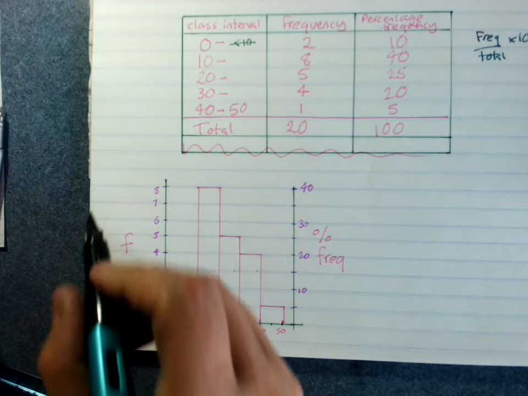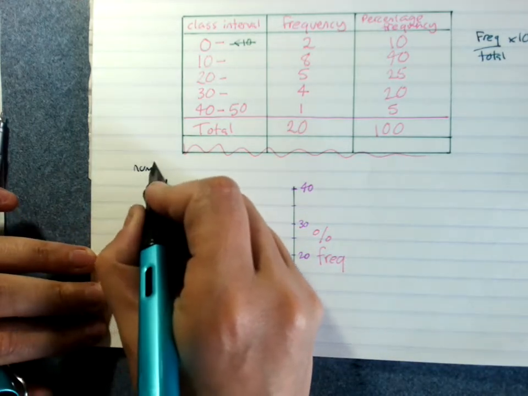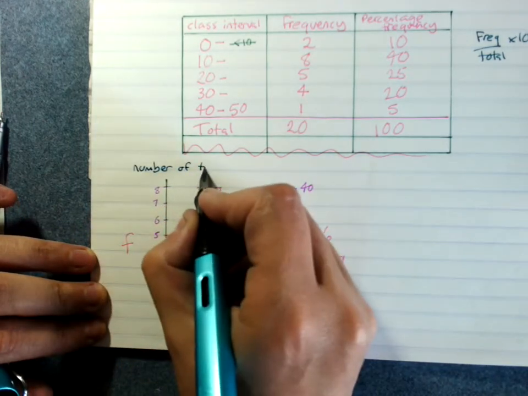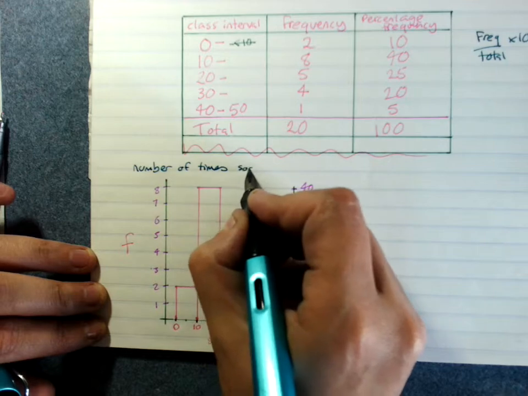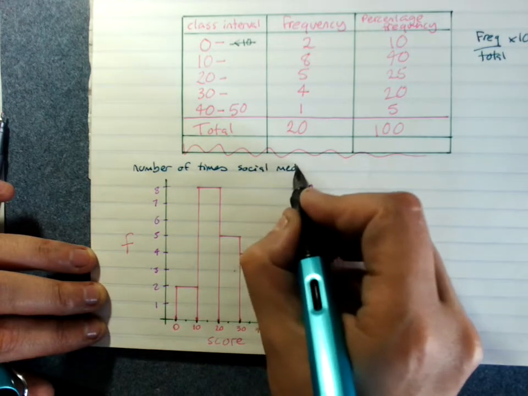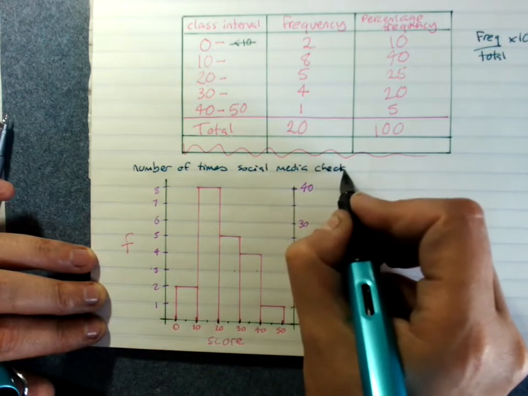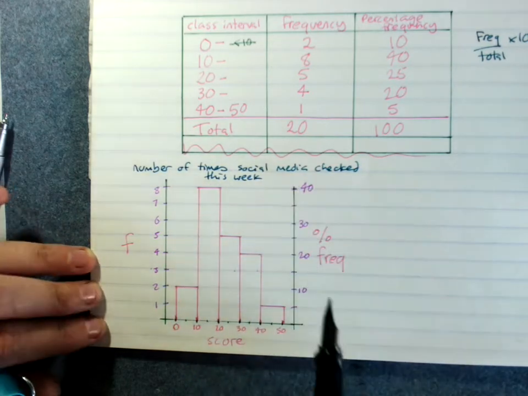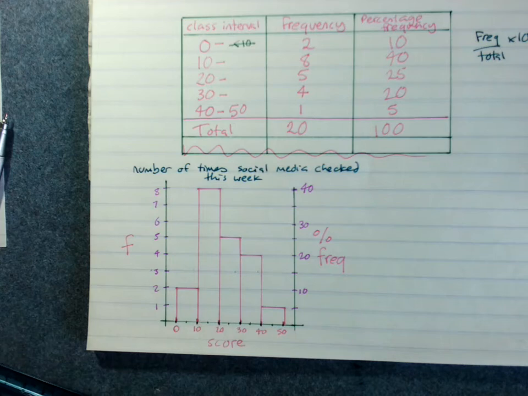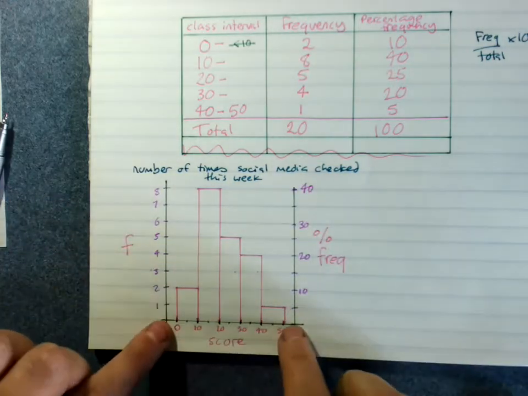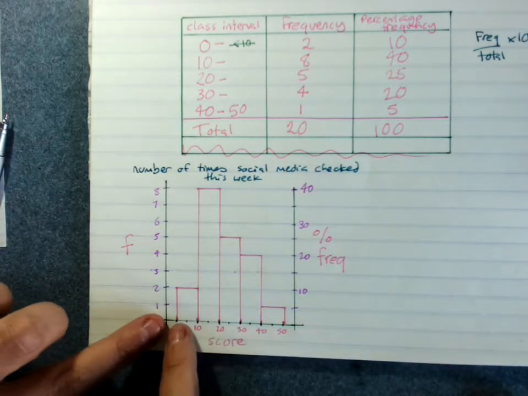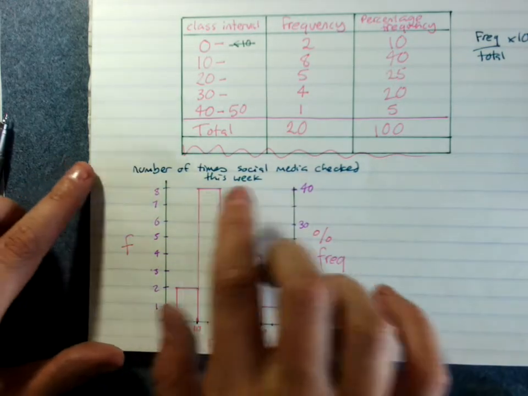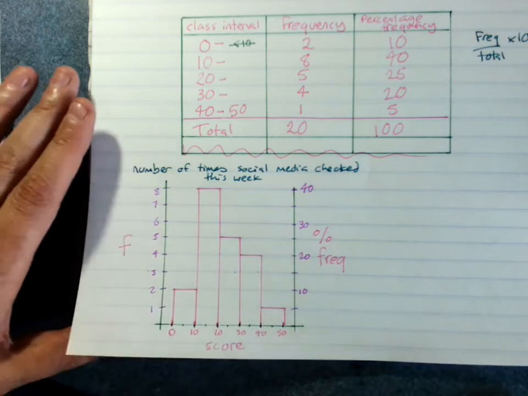Move to a colour you can read. So that is a frequency histogram. Make sure you give it those aspects. Ruler, scales, split up the score like that, give it a title, all that sort of stuff.